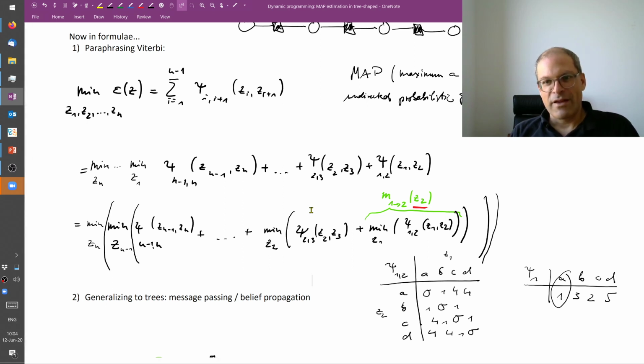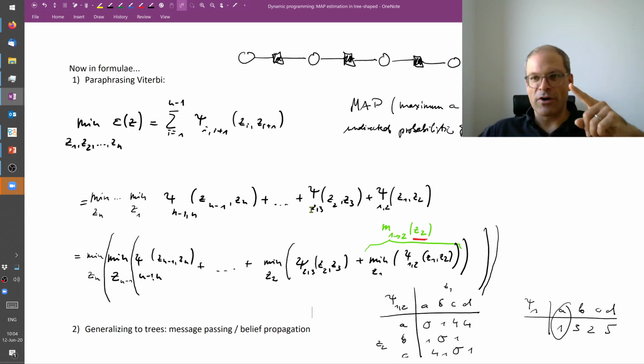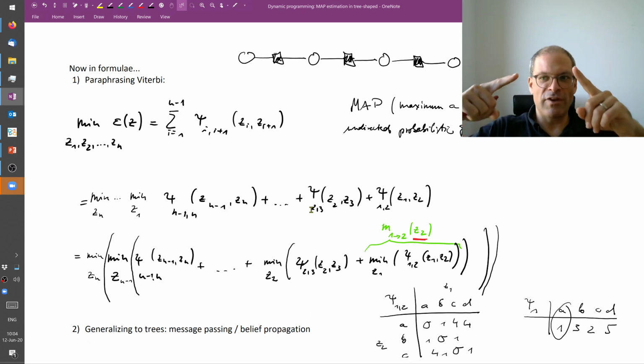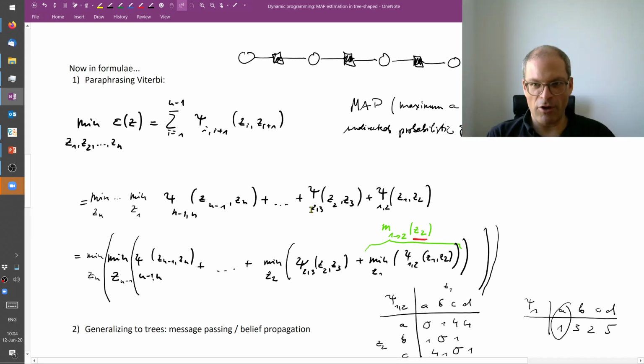All right? And now, when we have side branches, we're going to send the same message, and where these branches meet, we have to add them up, and then we will send them onwards.